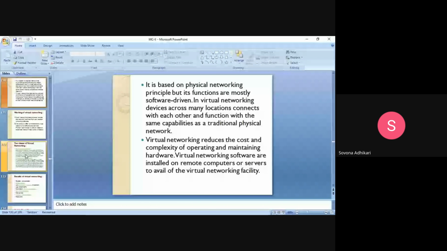It has the same capability, with specific software driving it. Virtual networking reduces the cost and complexity of operating and maintaining hardware. Virtual networking software is installed in one remote computer or server to avail the virtual networking facility.